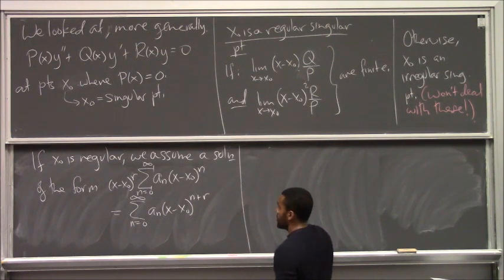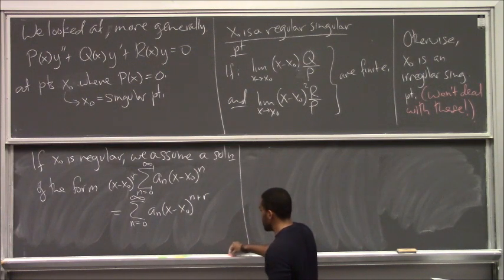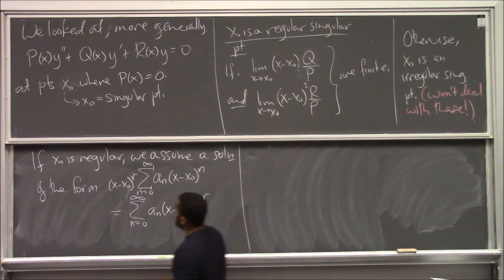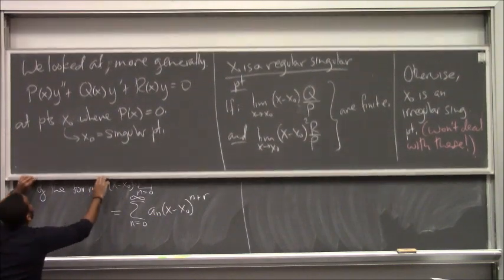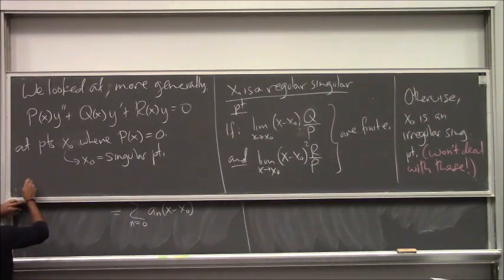So now, how do we actually make sure that happens? Remember how we set this up: we divided through by P and multiplied by x squared.